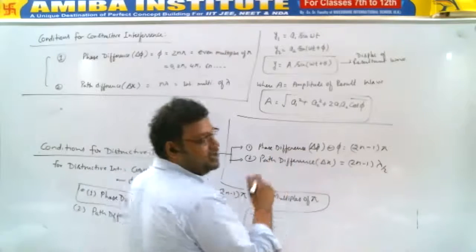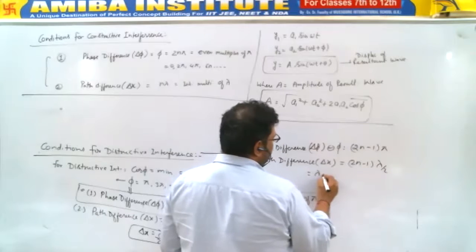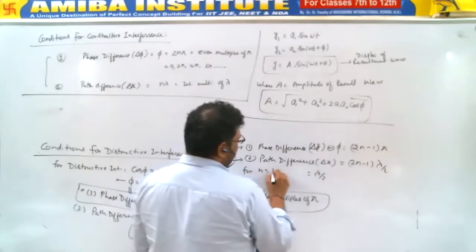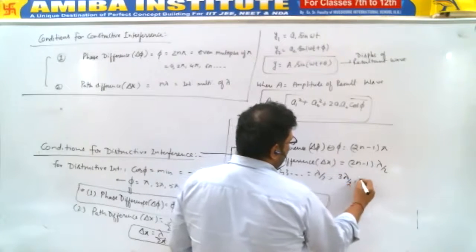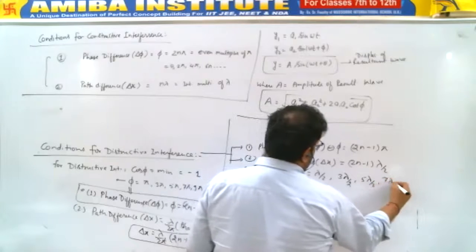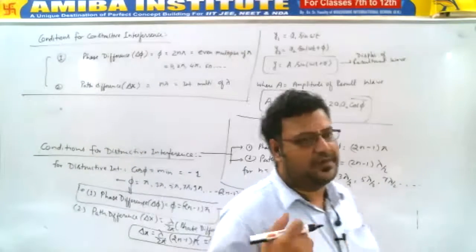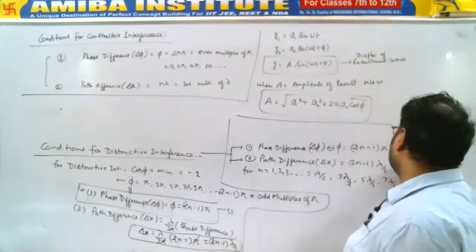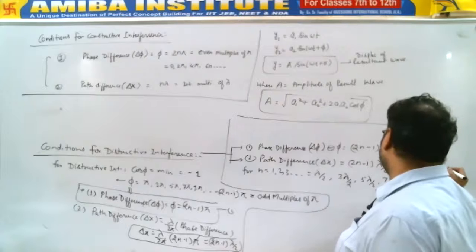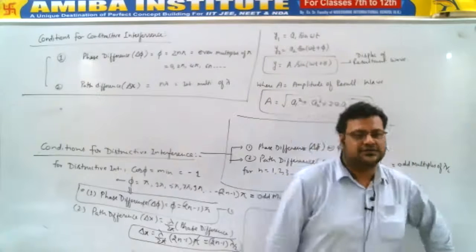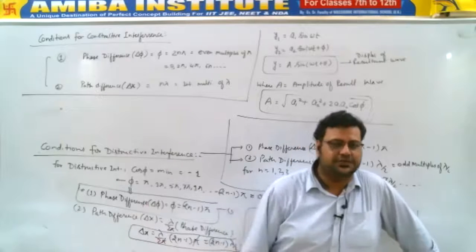If I substitute the values of n as 1, 2, 3, and so on, I'll get lambda by 2, 3 lambda by 2, 5 lambda by 2, 7 lambda by 2, and so on. So whenever there is a path difference of odd multiples of lambda by 2, the interference which will take place should be destructive.